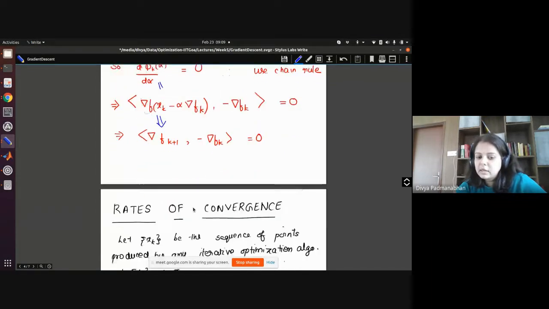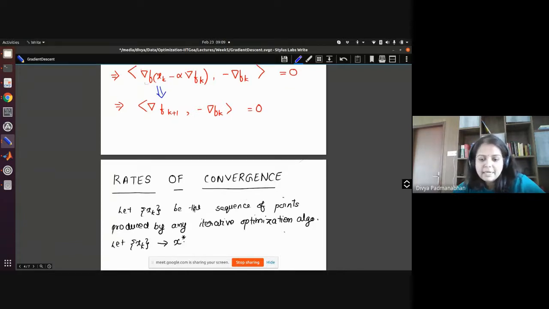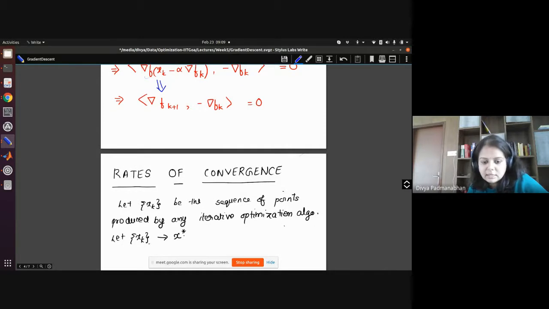That's why we study something called the rates of convergence. Any iterative optimization algorithm is going to give you a sequence of points, and suppose the sequence converges to some x star. Ideally you want this x star to be a local optimum, which is what is of interest in optimization. So how fast does this convergence happen? That is the question of interest.